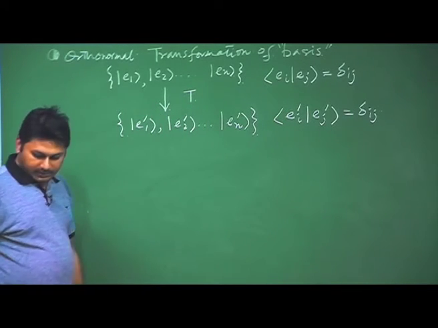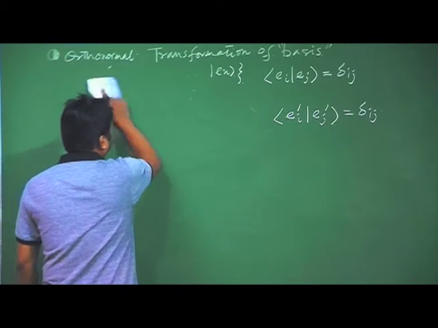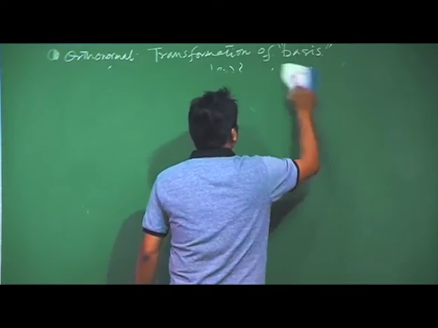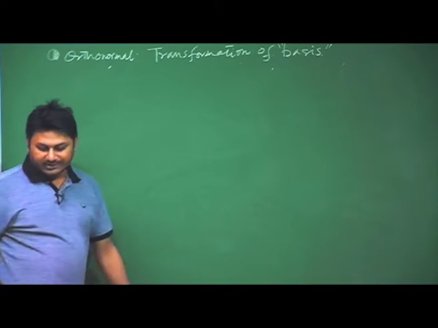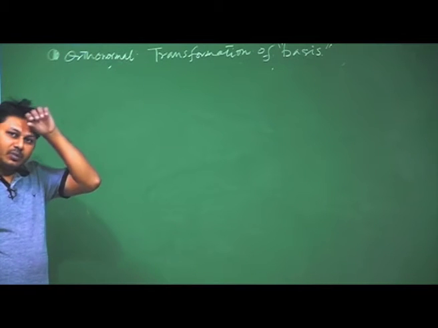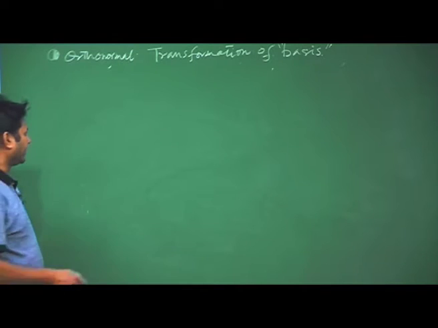So, the definition of the problem is known. Now, let us try to find out how this T matrix plays the important role. What will be the special condition? What will be the condition over the T matrix?